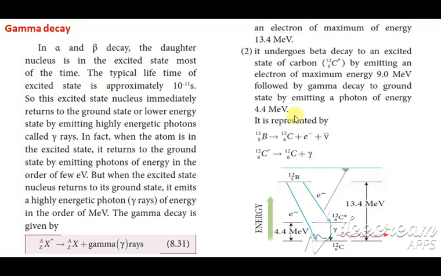Here let us consider an example of boron converted to carbon with the emission of beta rays.